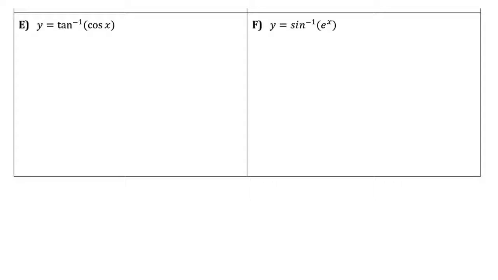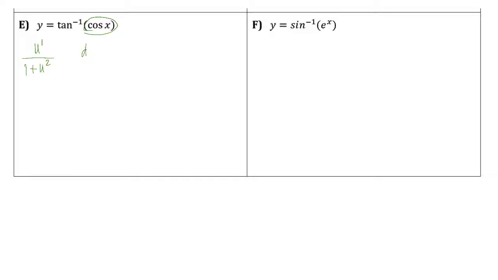Okay, now continuing on, we do need to talk about the derivative of the inverse tangent. And again, that formula for the inverse tangent is going to be u prime over 1 plus u squared. And now this time, notice our u value is a trig function, cosine, so that'll be all right.